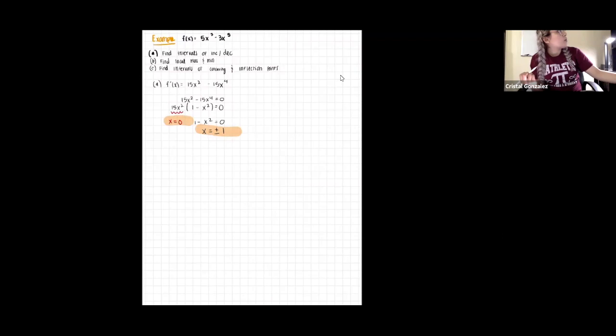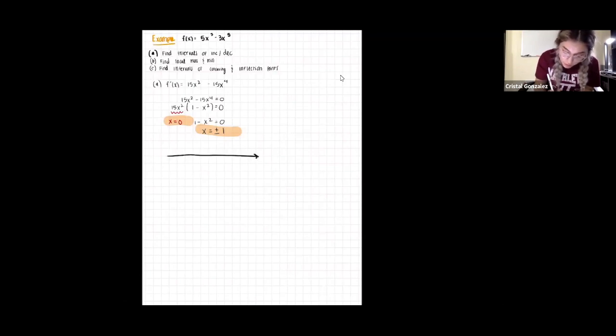And now what we want to do is test these values to determine whether our function is increasing or decreasing at those values. And when we do that, we'll basically get part B as well, for the most part. So now we can split the graph. We have 0 here, we have 1 here, and we have negative 1 here. So go ahead and on your own, test points in your derivative.